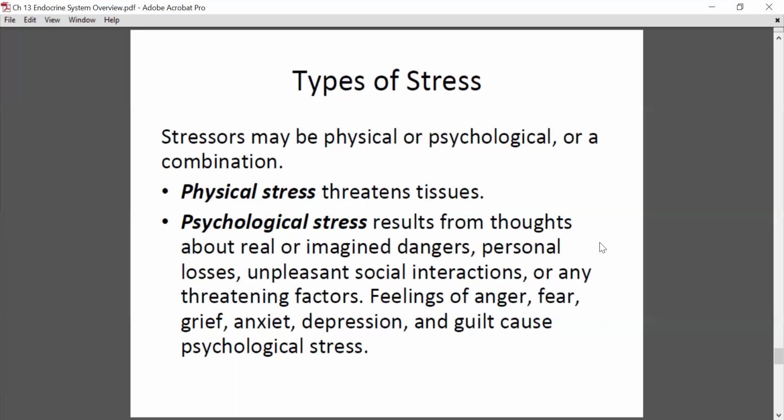A psychological stress is the result of a thought about something real or the thought of something imagined, which means that it is not something that is physically going to threaten the actual tissues of your body, but it is still causing a stress response. So if you think about the test that you forgot about, that is the thought of a stressor.